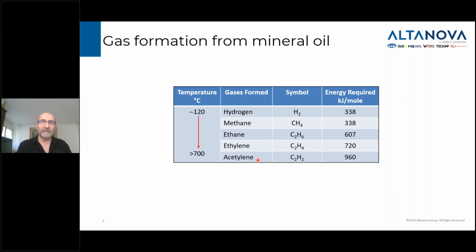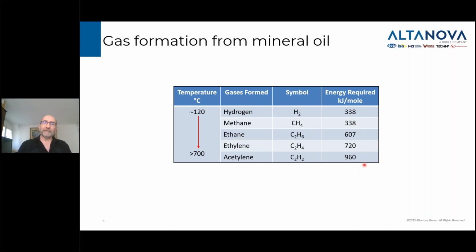Acetylene requires 3 times more energy to be created. And this is why people are much more worried when they start seeing, especially ethylene and acetylene, because those two gases carry a lot of energy, plus the hydrogen that's also generated.